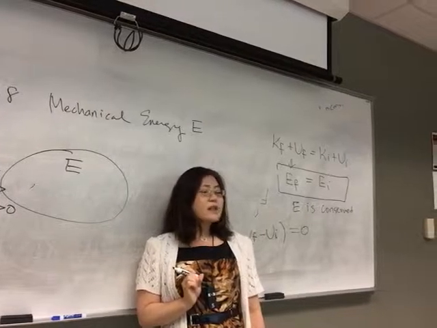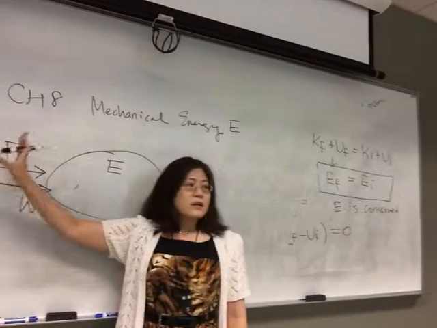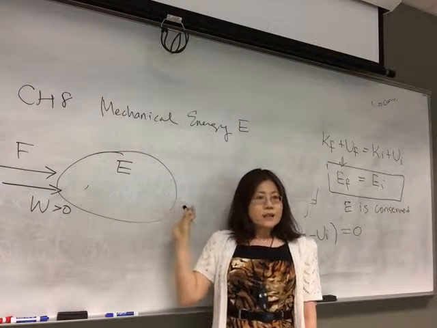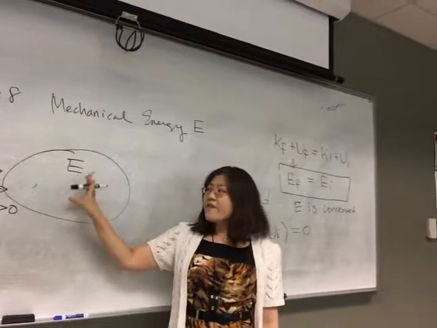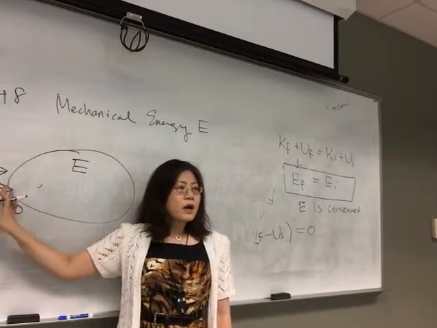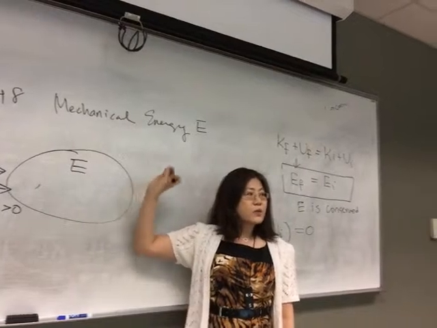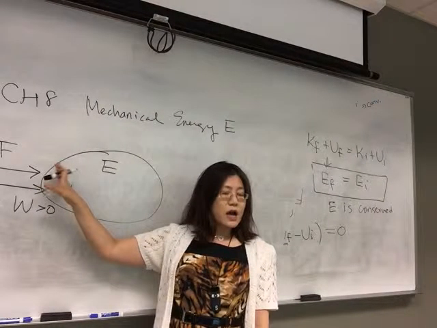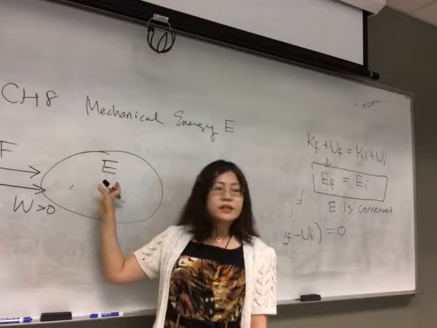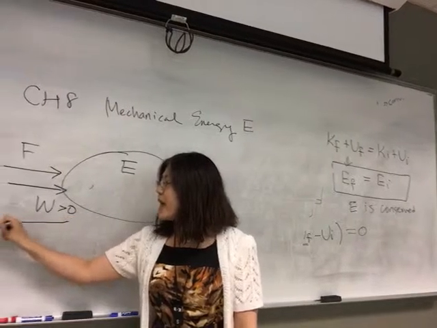Increases, right? Exactly. So when you have a system and an applied force to that system, and that force does positive work, it means that the energy of the system increases. And then you might have a force that still does work on this system, but it takes away energy.